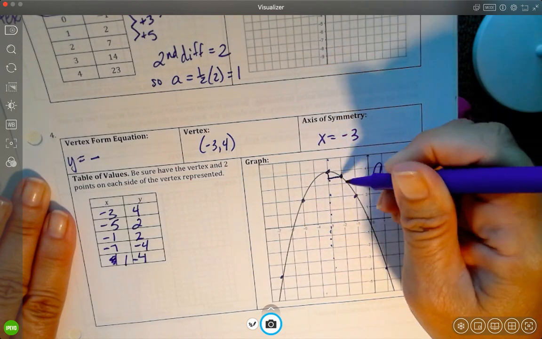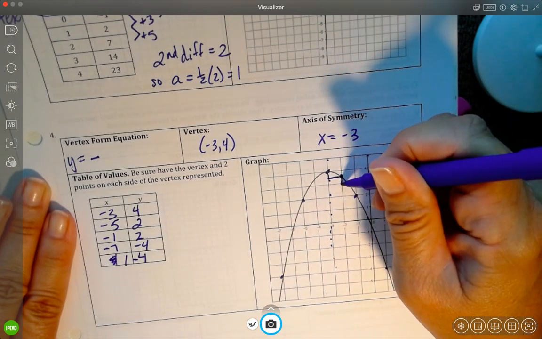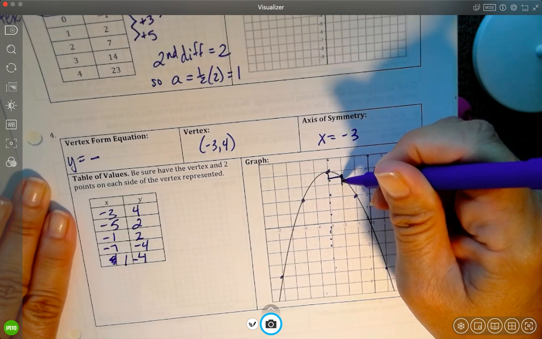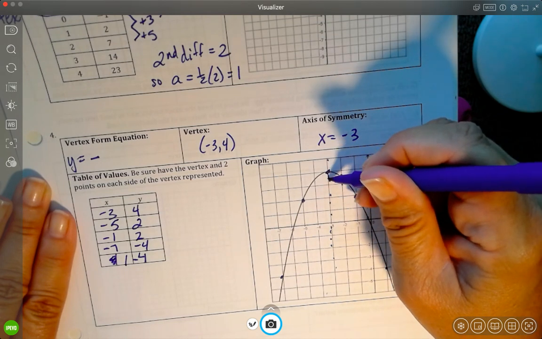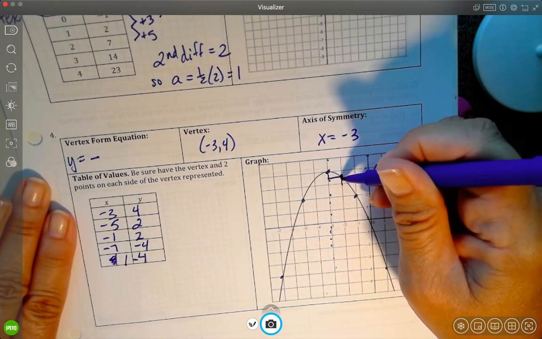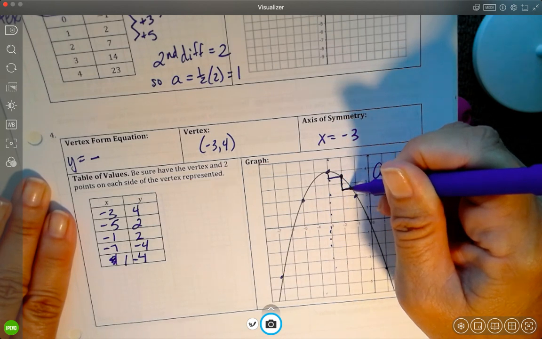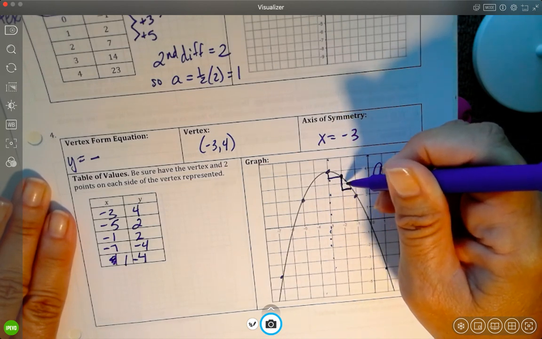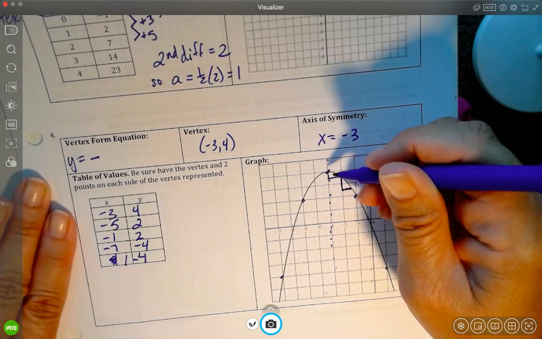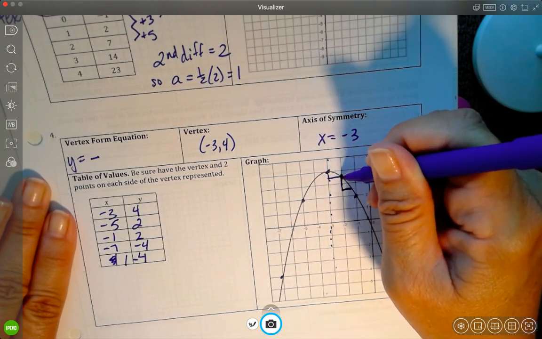And for the next x, down 1, right 2, and then down 1, right 2.